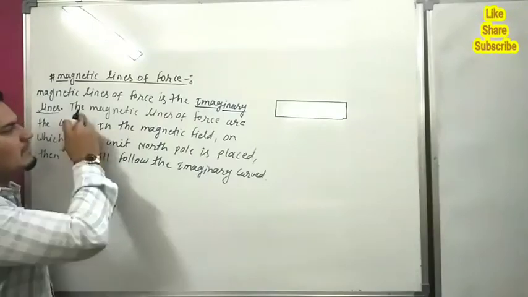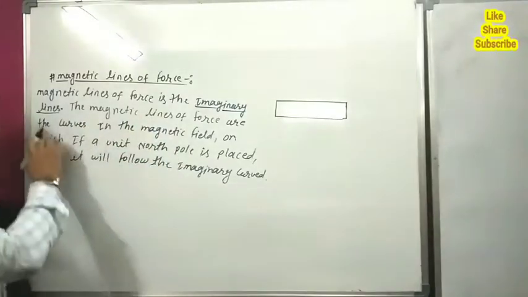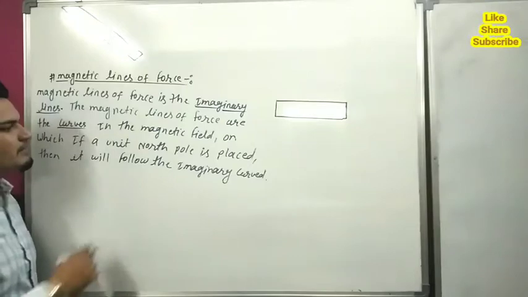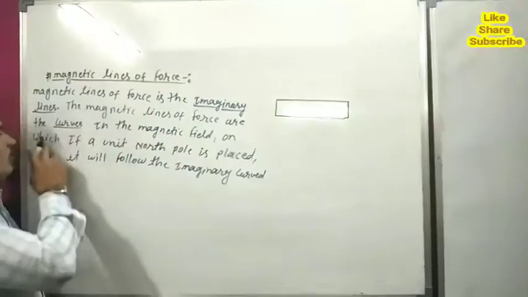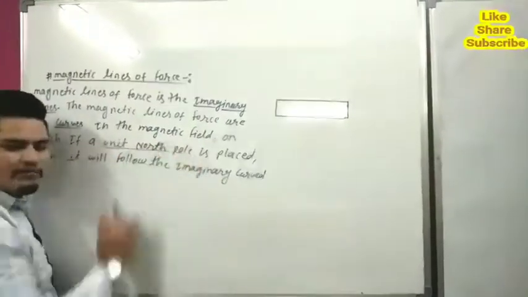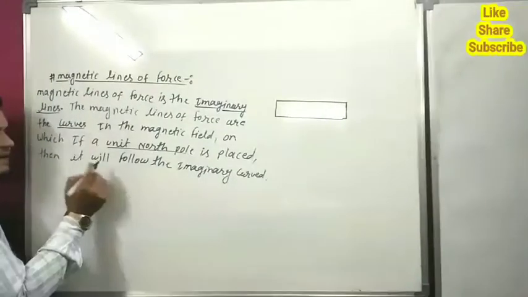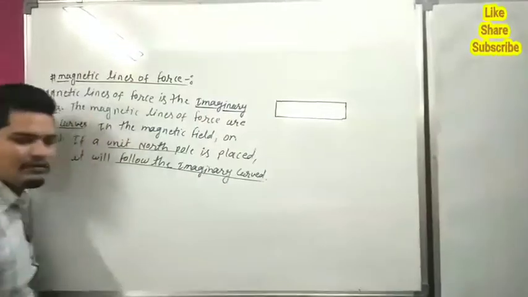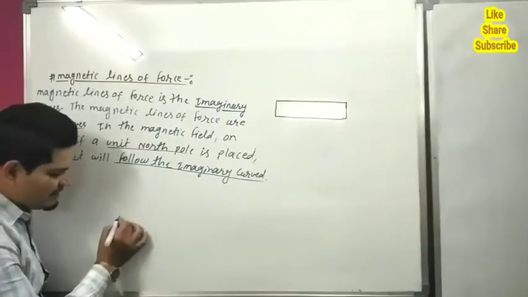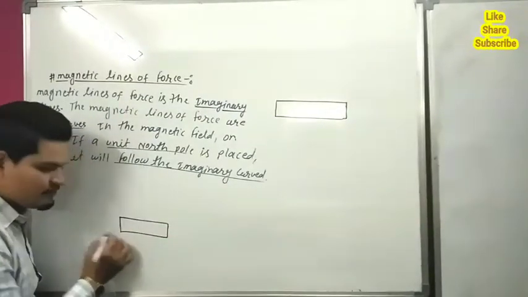So the definition is: the magnetic lines of force are the curve in the magnetic field on which, if a unit north pole is placed, it will follow that imaginary curve. For example, this is the magnet and we know that a magnet consists of two poles.